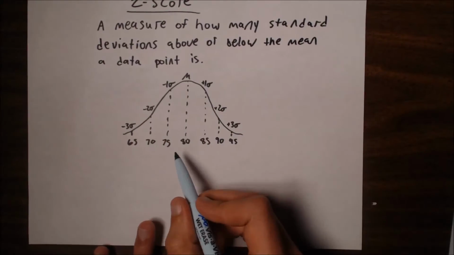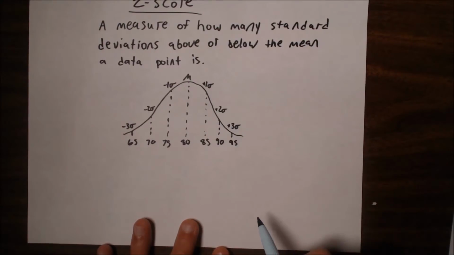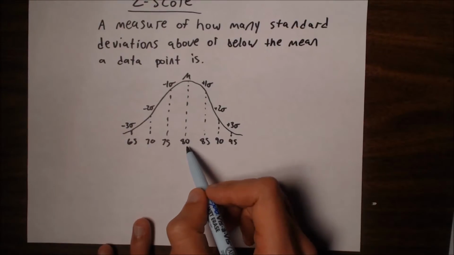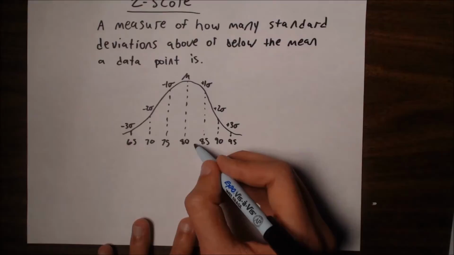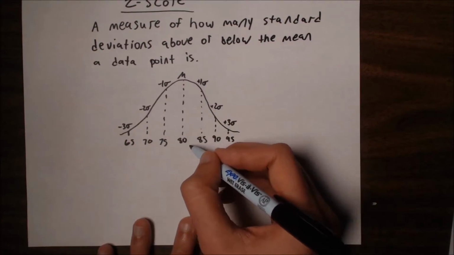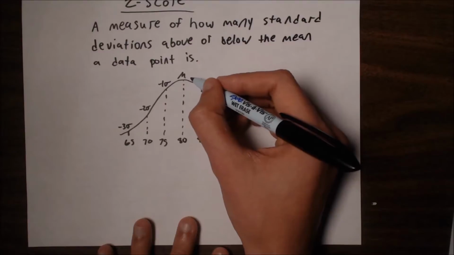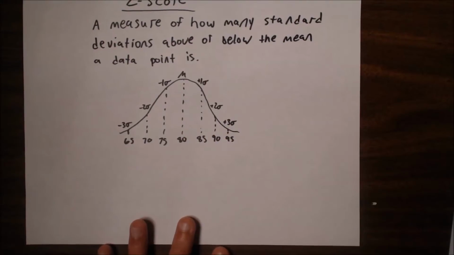If you made an 85, then you have a z-score of 1. If you made a 90, you've got a z-score of 2. If your score was 82.5, right here in the middle, that would be 1/2 of a standard deviation above the mean. So your z-score would actually be 0.5 in that case.